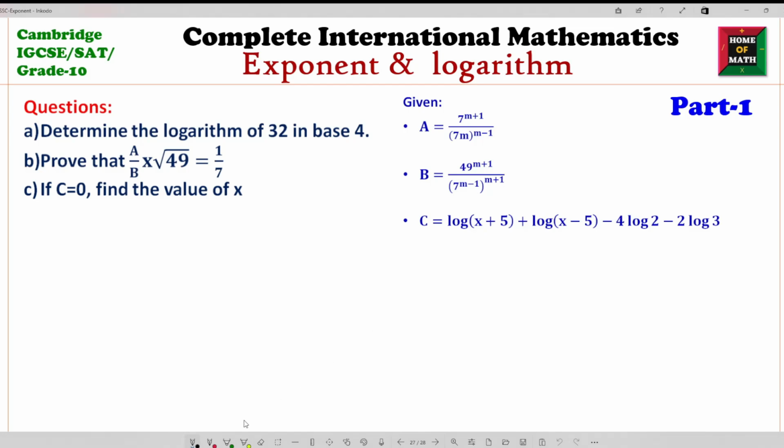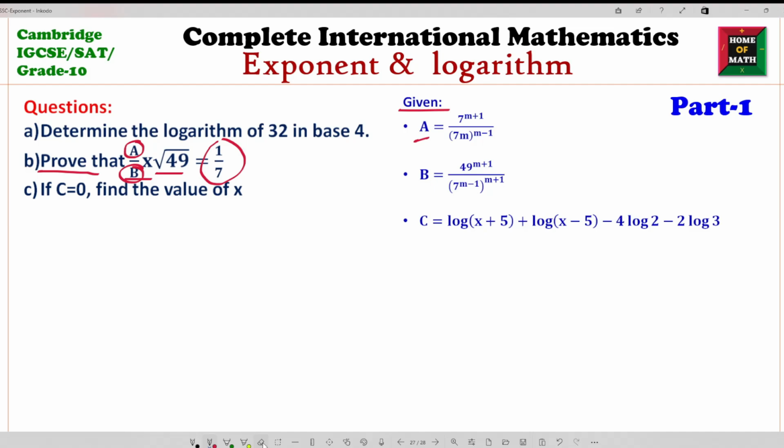Thank you. Second question: prove that a by b times root 49 equals 1 by 7. So here is a and b, we can get information from the given part. Here a means 7 to the power m plus 1 divided by 7 to the power m, all to the power m minus 1.